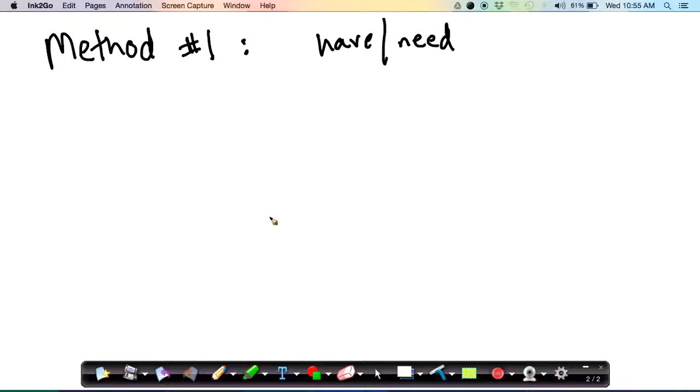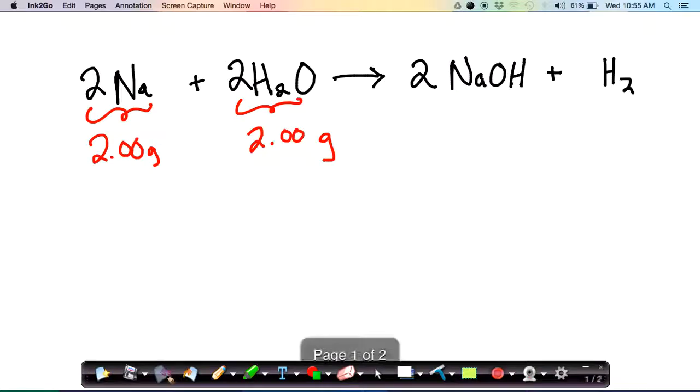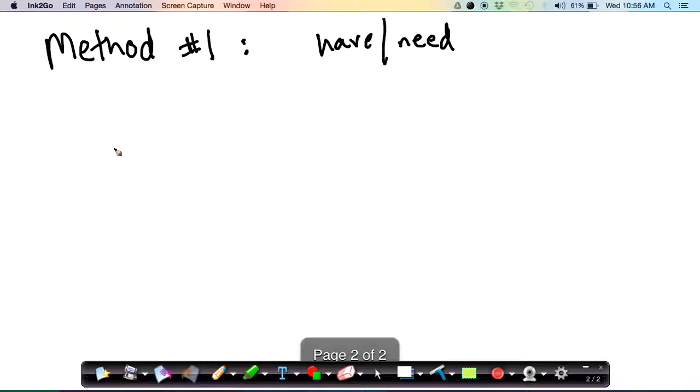So what we're going to do in this approach to determining limiting reactant is pick one of those two chemical reactants. It doesn't matter which one. Sodium is listed first, so let's go ahead and choose sodium and say I have 2.00 grams of sodium.